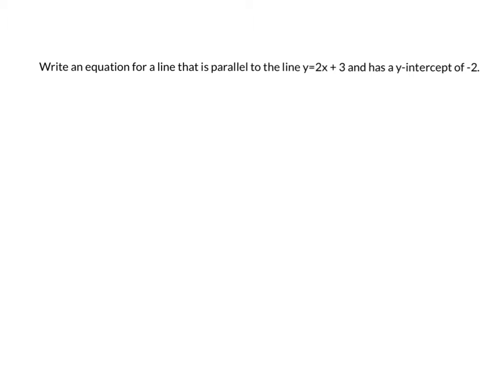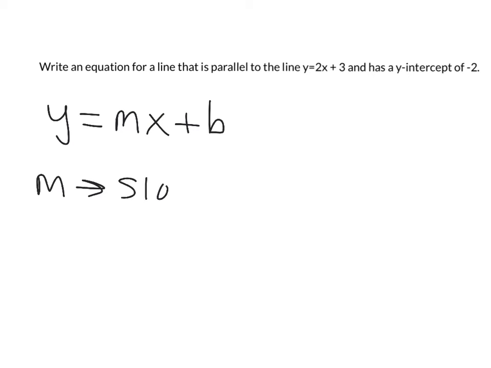So I know that to be able to write an equation of a line, I need to do this in slope-intercept form, which is just y equals mx plus b, where m is the slope and b is the y-intercept.